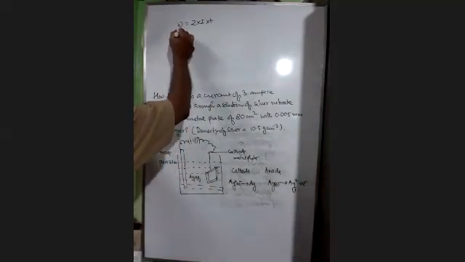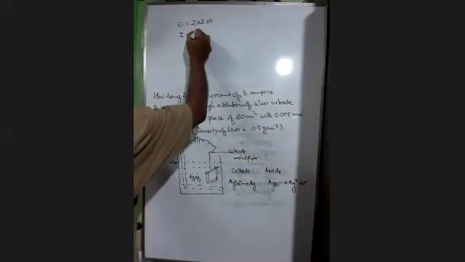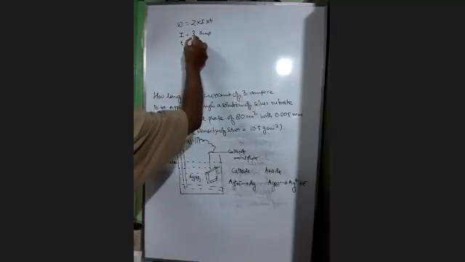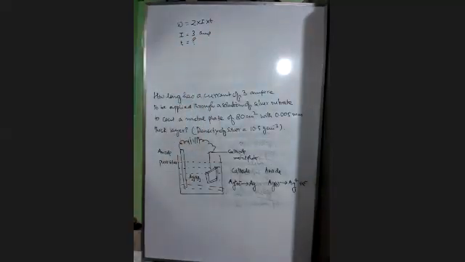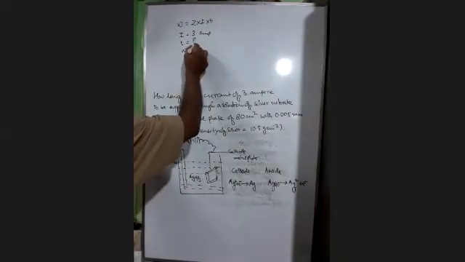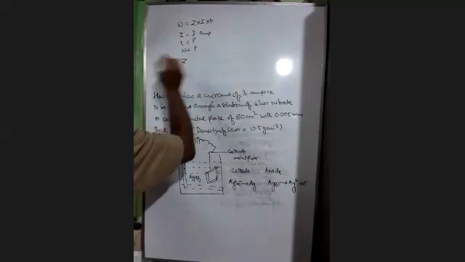Here I is given as 3 mA, and they ask you to find the time. W you do not know. So how is it possible? If you don't know two things, how can you find it? Z I can find.